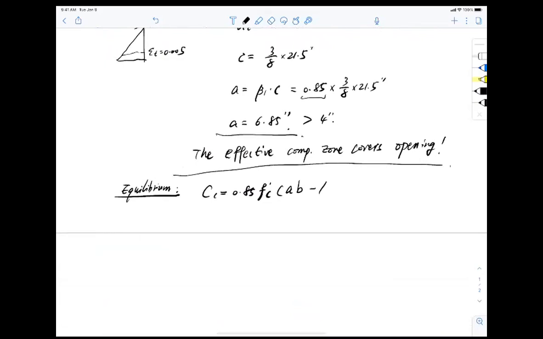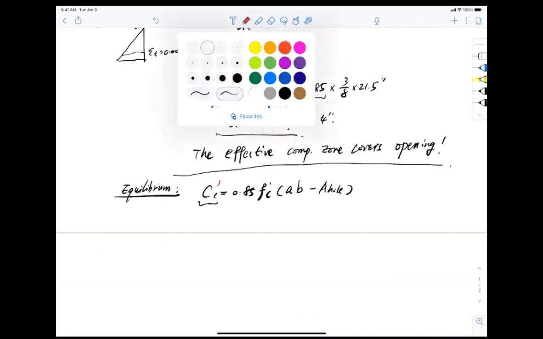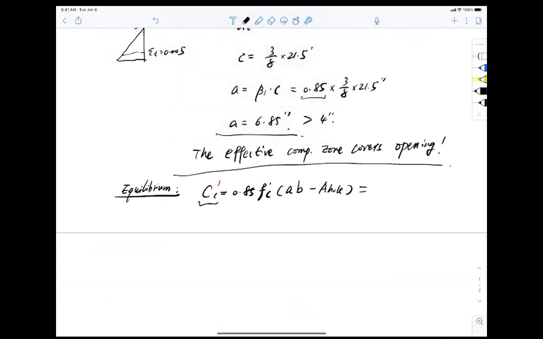Minus the area of the opening. So this whole thing is the so-called compression force Cc prime, minus the opening, right? This has to equal what? The tension in the reinforcement, that is As fy.